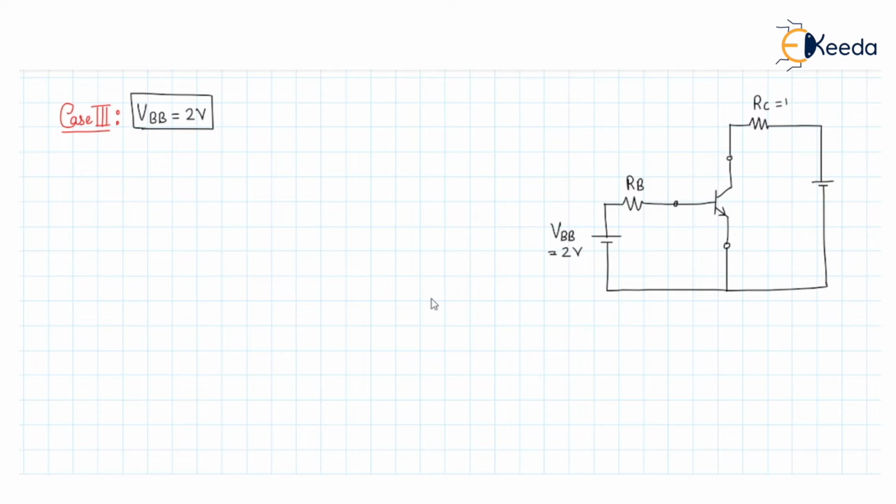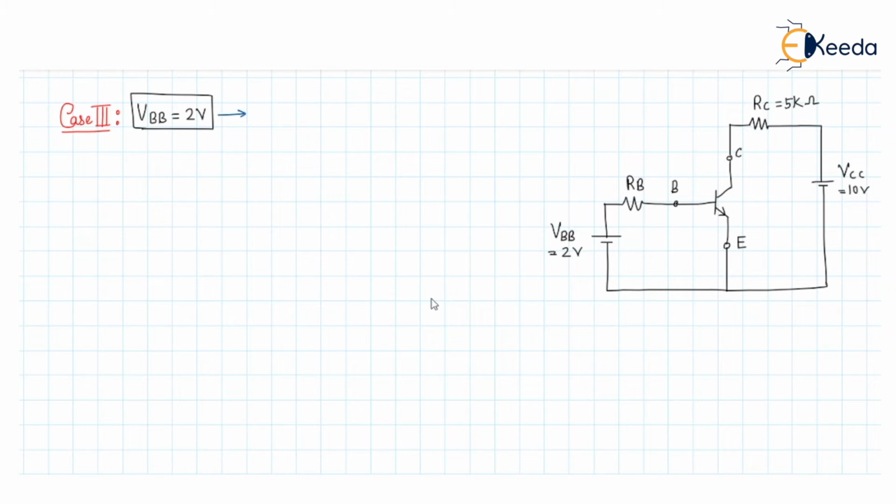This is the RC resistance that was 5 kilo ohm, and here it is VCC that was 10 volt. So this is the collector, this is the base terminal, and this is the emitter. Now what is VBB? Let us assume that right now, since we have given VBB equal to 2 volt, we have increased the VBB.